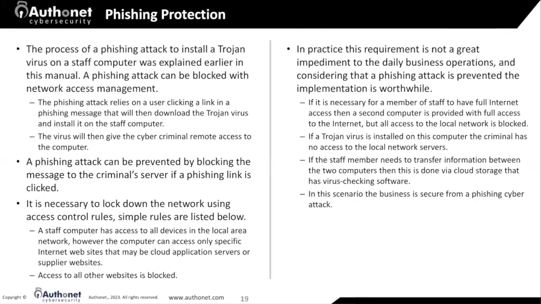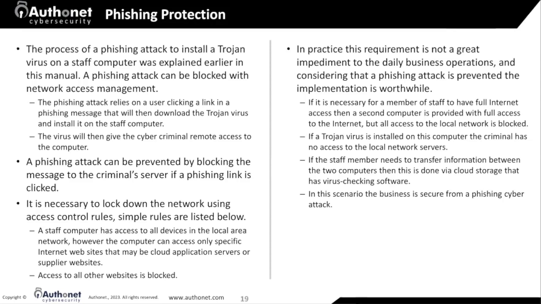Now, protection against phishing is made very easily using the Authonet cybersecurity products, and many large businesses have implemented this. Banks do this, businesses like Google and Amazon do this for their staff, and it requires locking down the network in a way that its access to the internet is restricted to those websites that the member of staff needs to do the tasks.